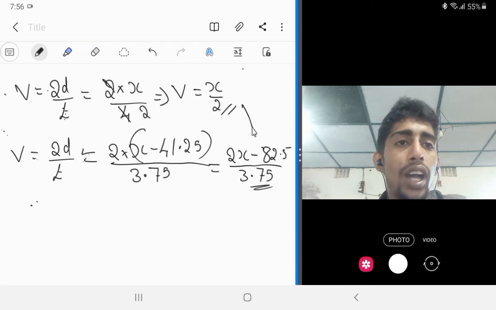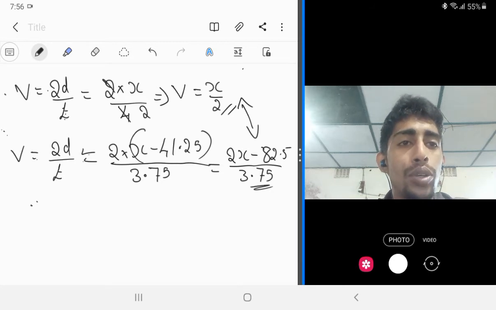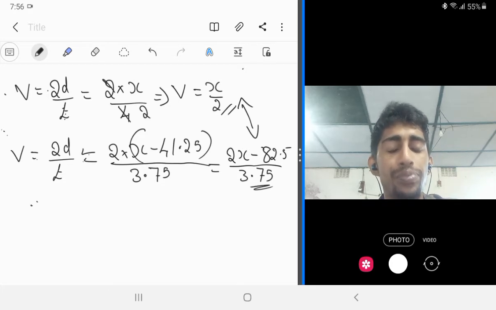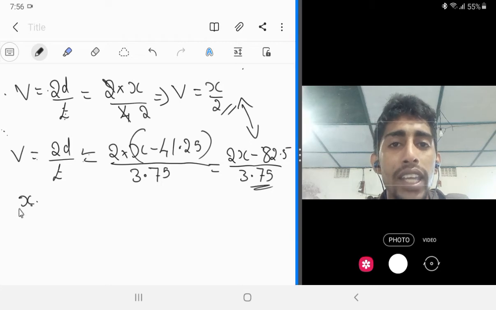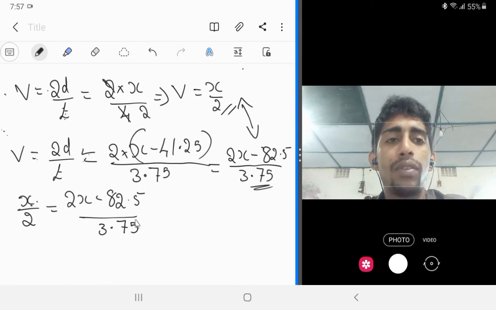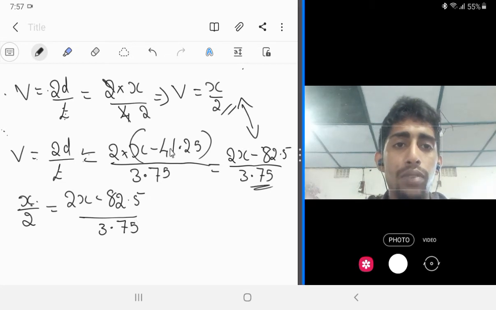So now we have these two data, v is equal to x by 2 and v is equal to 2x minus 82.5 by 3.75. If you equate these two, then we get x by 2 is equal to 2x minus 82.5 divided by 3.75.